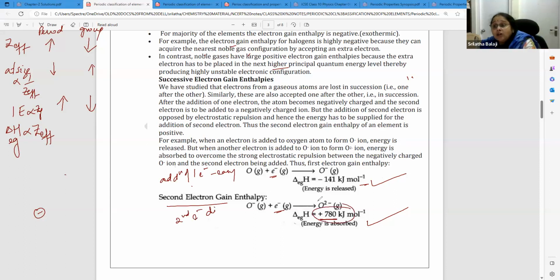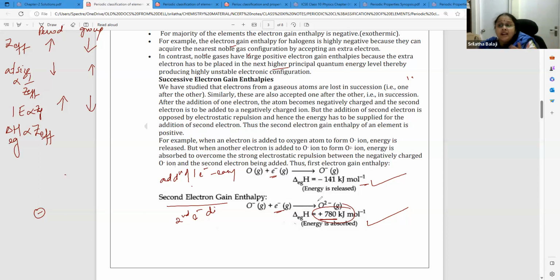Means to add electron, I have to give energy. See this? Are you getting the verbal meaning? First electron, it's going on its own, energy is given up. It's an easy process. But to add the second electron, you are spending energy to insert the second electron into the atomic core. It's becoming difficult.